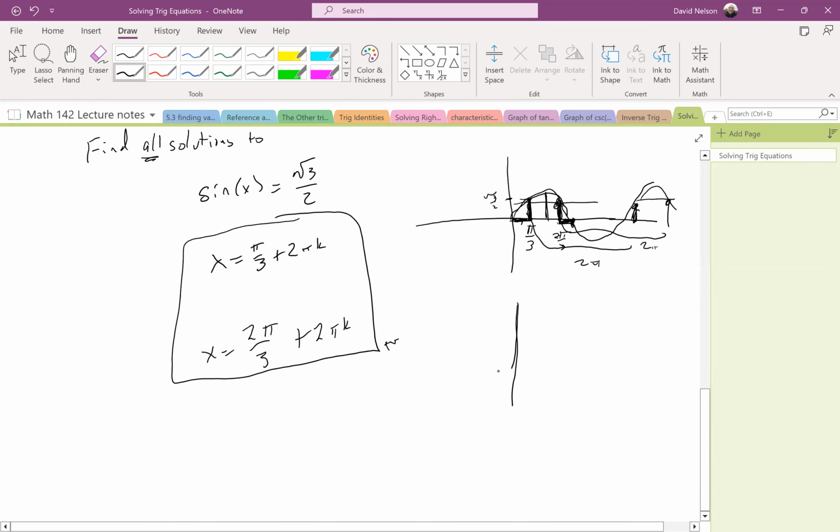How about if we look at this last one in the unit circle? Sometimes students like looking at the unit circle a little bit better.